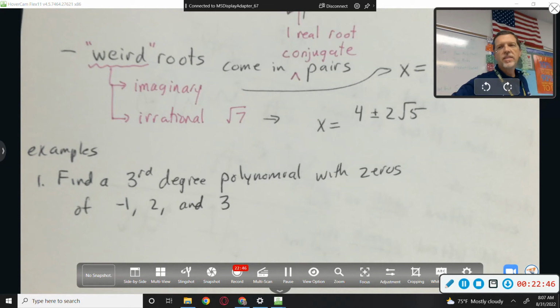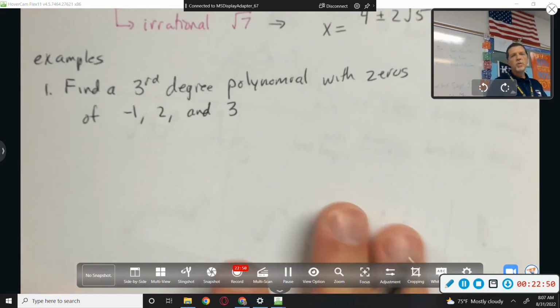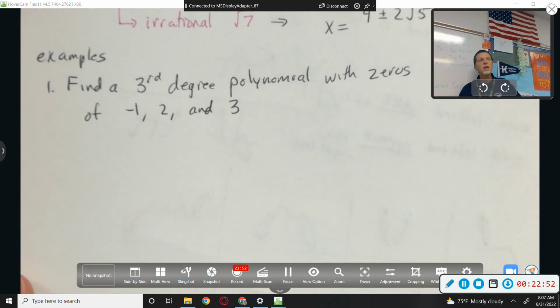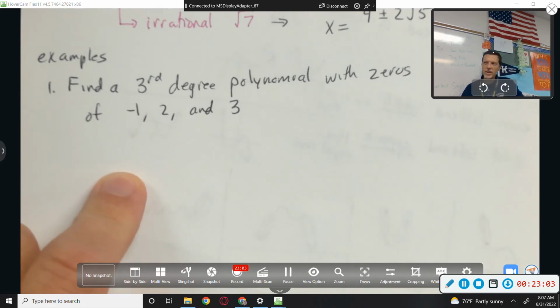Get my face out of the way. And a third degree polynomial with zeros of -1, 2, and 3. We did this a little bit yesterday, so think backwards. If -1 is the root, what was the factor?